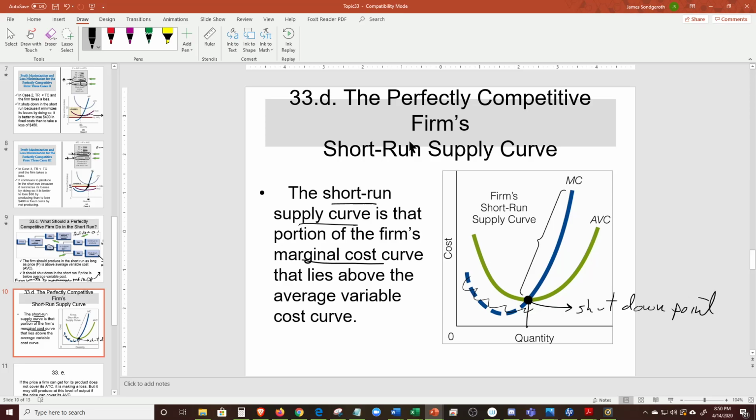I always think it's best to say that this QSD is a shutdown point, all right? And then the supply curve looks like this. If we drew in the average total cost curve, and it's supposed to go through the minimum there, I suppose the firm at Q, this would be the break-even point.